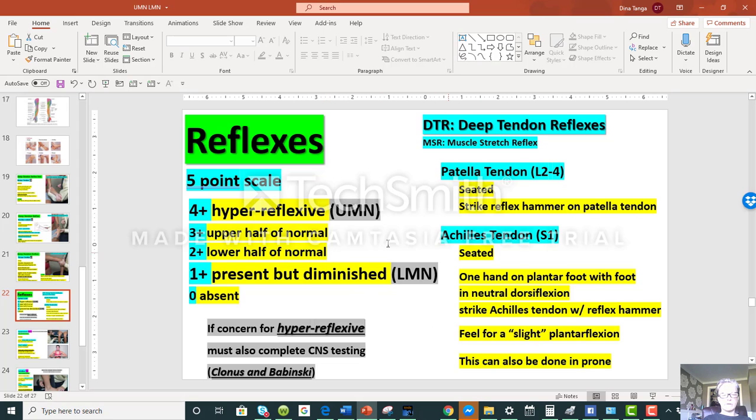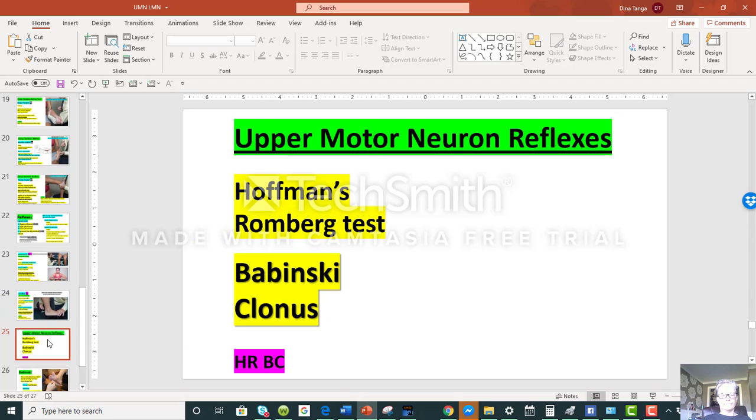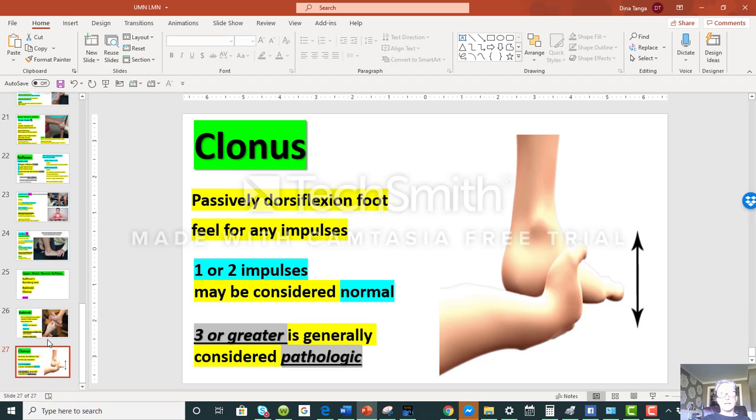Lower motor neuron, it would be present but diminished or even absent. Quad, Achilles. HRBC, that's how I remember it. Babinski, Clonus. And there you go.